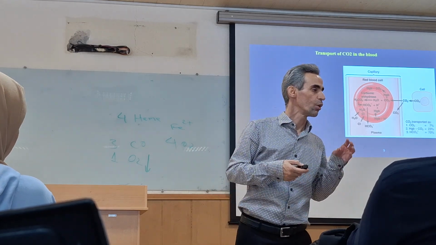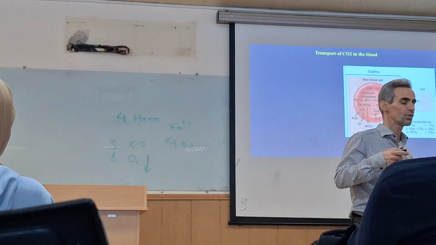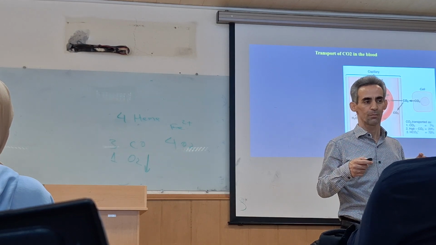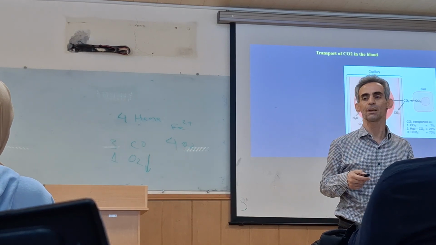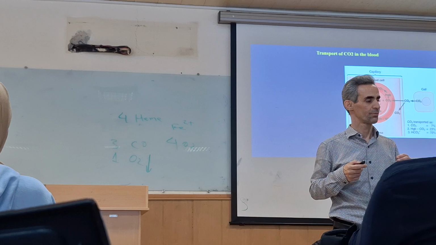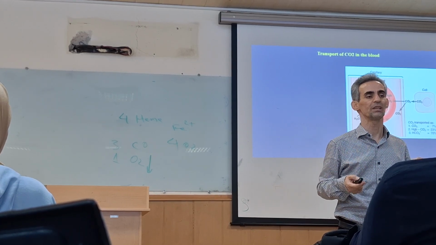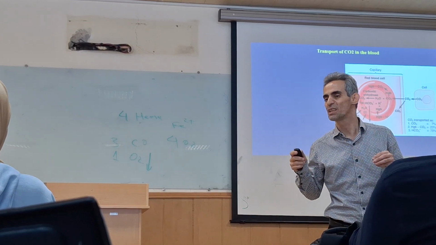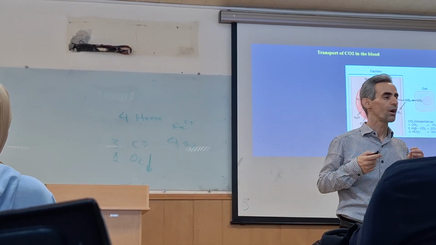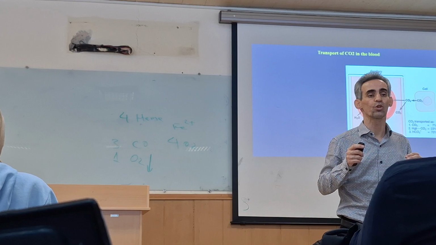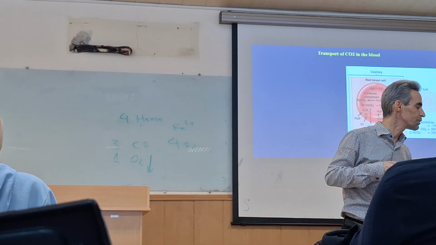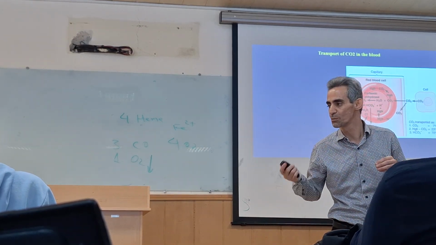The binding of hemoglobin to oxygen is named oxyhemoglobin. The binding of carbon dioxide to hemoglobin is named carbaminohemoglobin. The binding of carbon monoxide to hemoglobin is named carboxyhemoglobin.